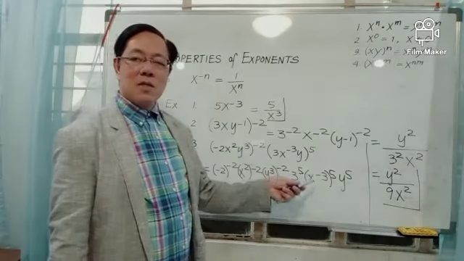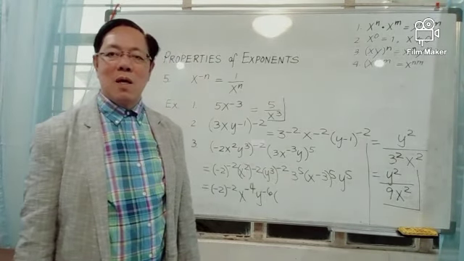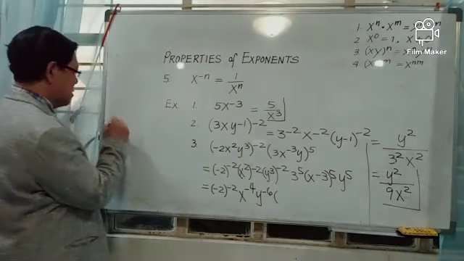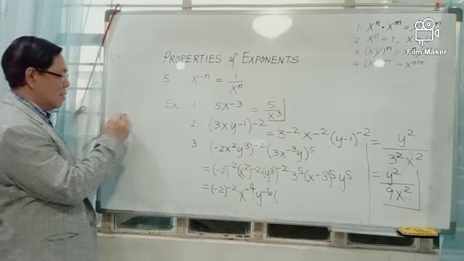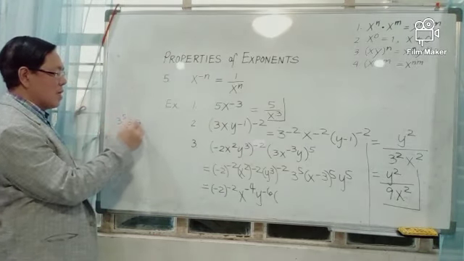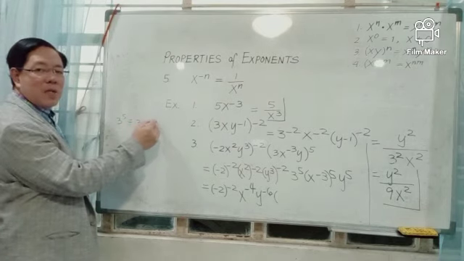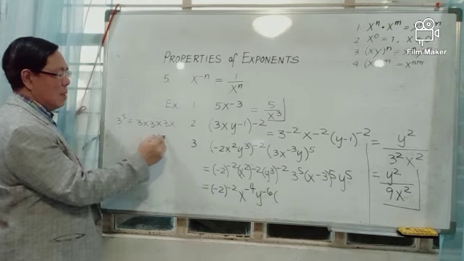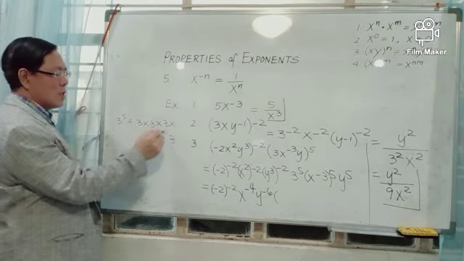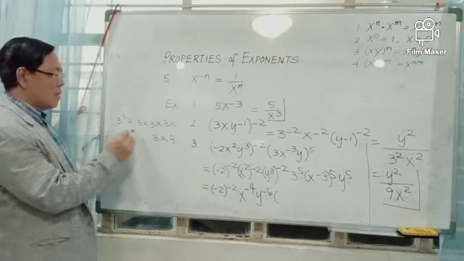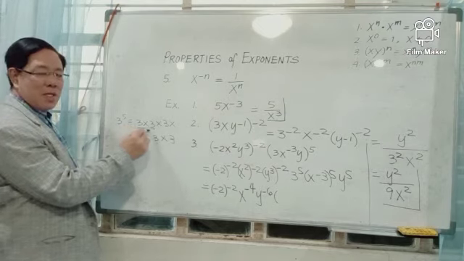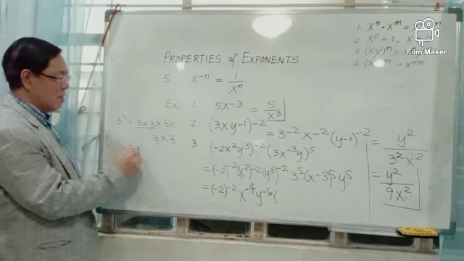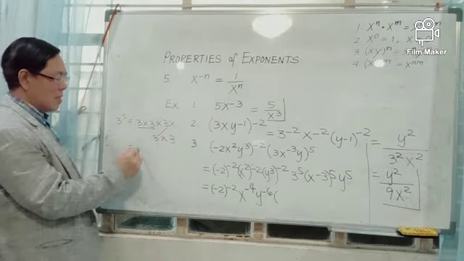And 3 raised to 5 means we multiply 3 by itself 5 times. 1, 2, 3, 4, 5. And we multiply, 3 by 3 is 9.